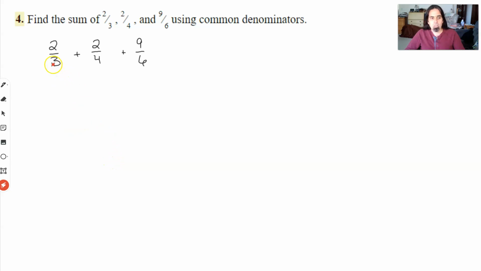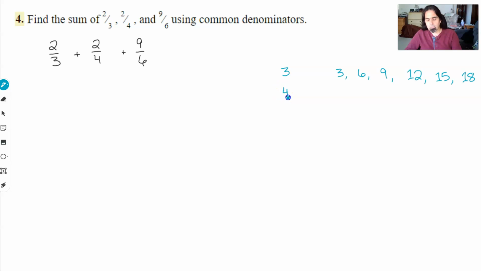I want a common denominator for 3 and 4 and 6. There's several ways to do this. If you can't see it right away, then a good method for this test, the way it randomly generates problems, is just to start listing the multiples. For 3, we have 3, 6, 9, 12, 15, 18, and so on.